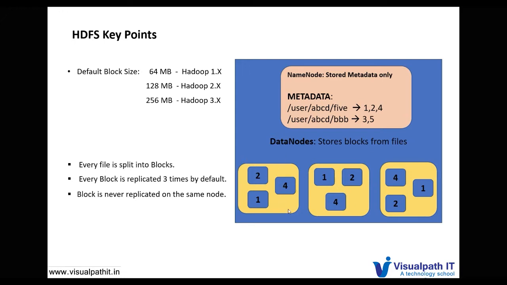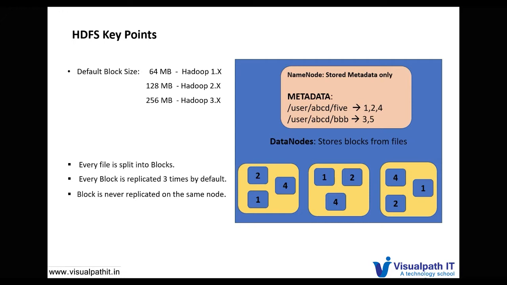If a node goes down, only one copy will be lost. If all 3 copies of block 1 were in one node and that node went down, we would completely lose all the block data. To avoid that, Hadoop is designed so that each copy of a block is stored on separate data nodes inside the cluster.